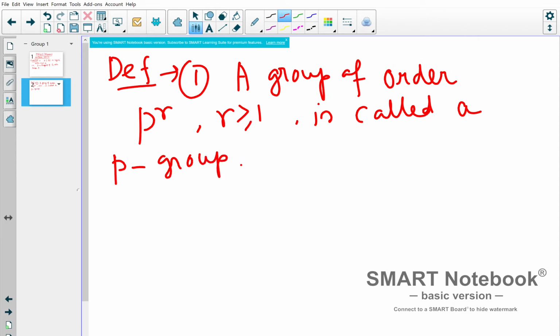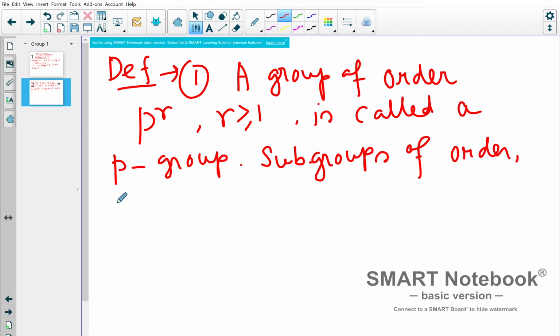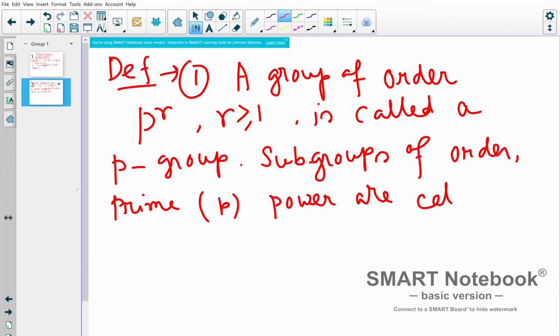And subgroups of this prime power order are called p subgroups.